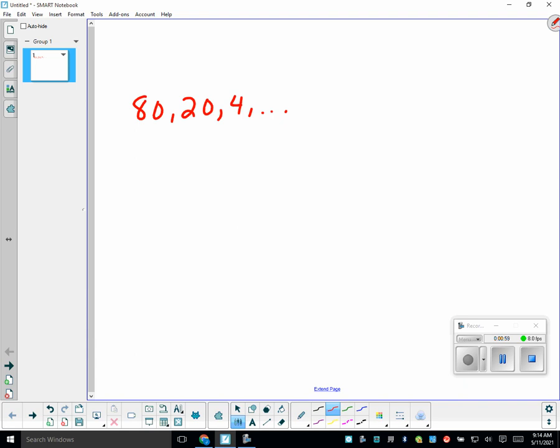To find R, the easiest way is to take the second term divided by the first. Then this number's wrong, isn't it? It should be 5. Yeah.